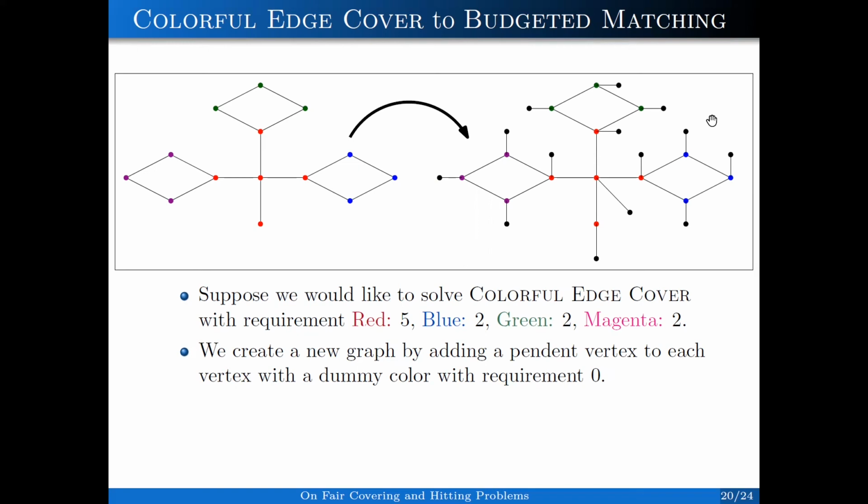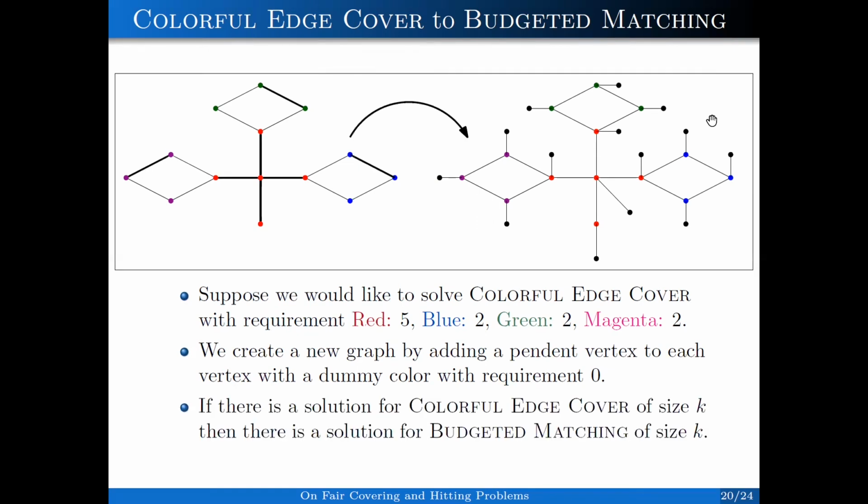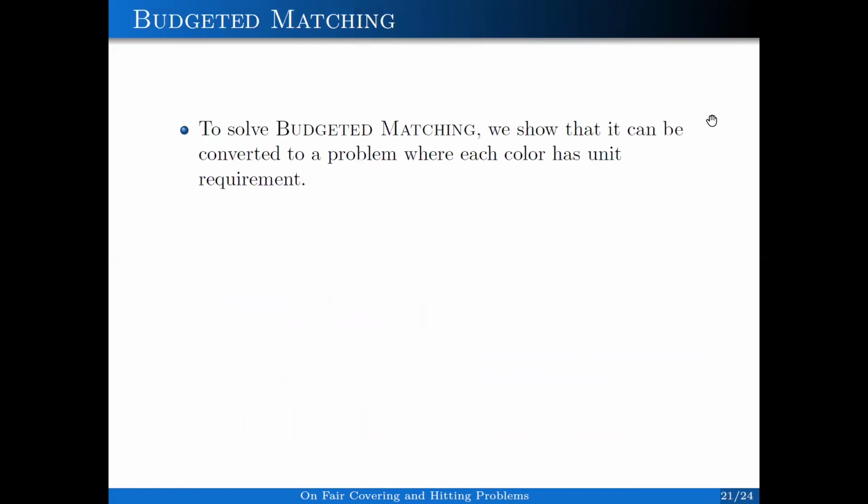And then it is not hard to see that if there is a solution for colorful edge cover of size k, then there is also a solution for budgeted matching in the new graph of size k, and vice versa. And thus, using this reduction, it is now sufficient to solve the budgeted matching problem.